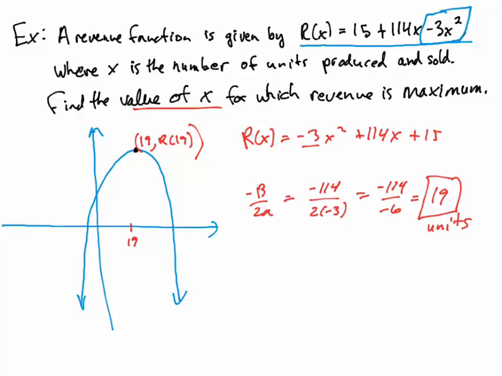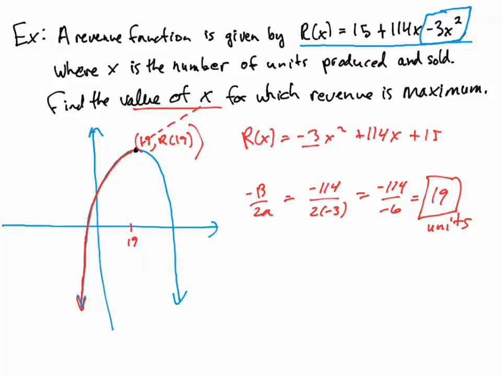Now, you may be thinking that this doesn't totally make sense because it would seem that if a company produces and sells more units, revenue is just going to continue to increase. That's kind of what we would expect.